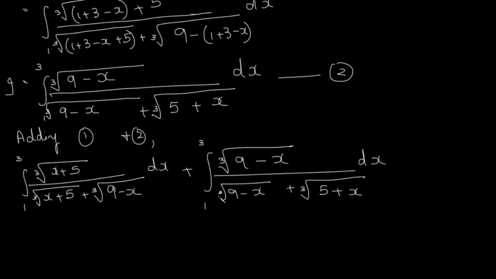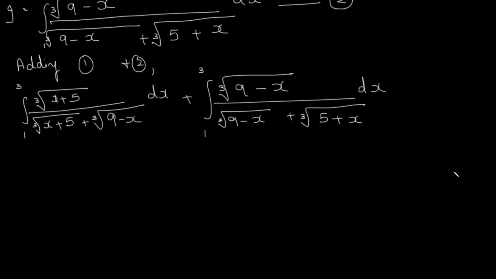dx. Now when you observe the denominators, both the denominators are same. Isn't it? So what we do is that we bring the whole thing under one integral. The limit of integration is also same. In both the cases it is 1 to 3. So we bring both the terms under the same integral.